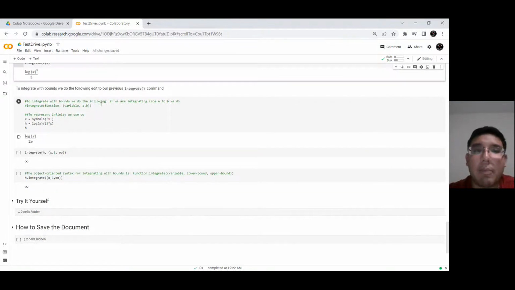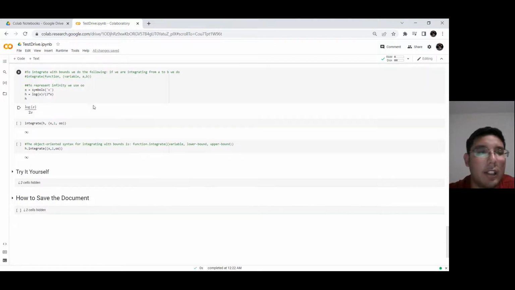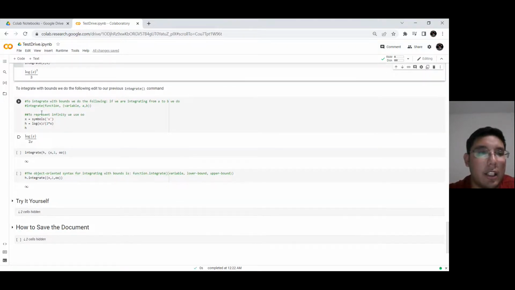So if we want to add bounds, we just add to the syntax that we already have. The integrate function stays the same, but inside we add two parentheses, and we add variable comma a comma b, a being the lower bound and b being the upper bound. So let's try taking the integral of h equals ln of x over 2x.